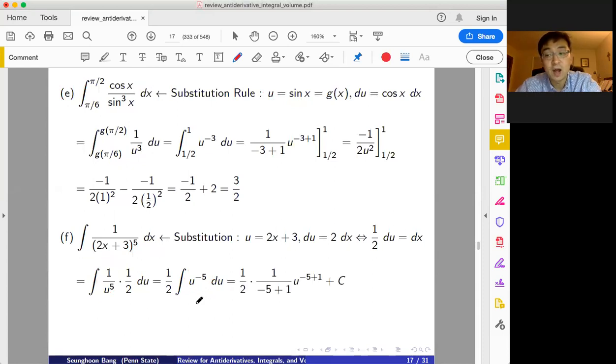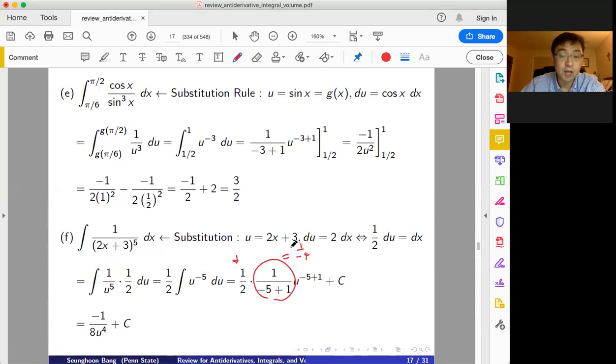The u to the minus 5 becomes 1 over negative 5 plus 1, u to the negative 5 plus 1, plus c. That is minus 1 over 4u to the 4 because this is the same as 1 over minus 4.